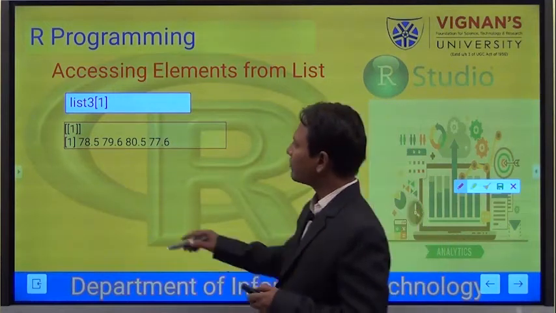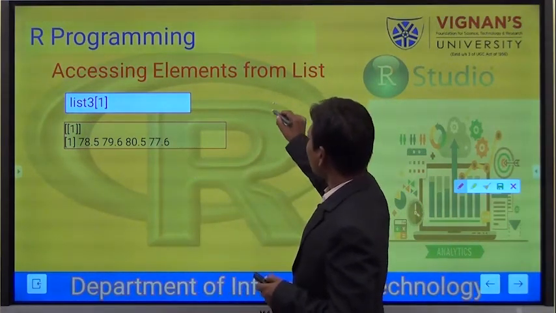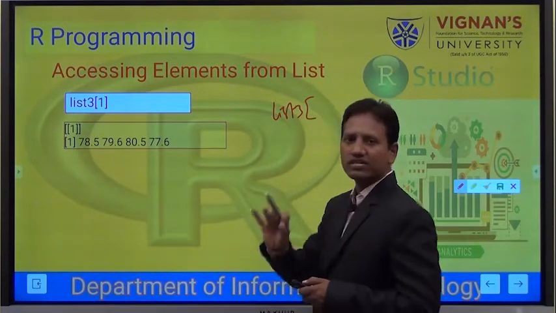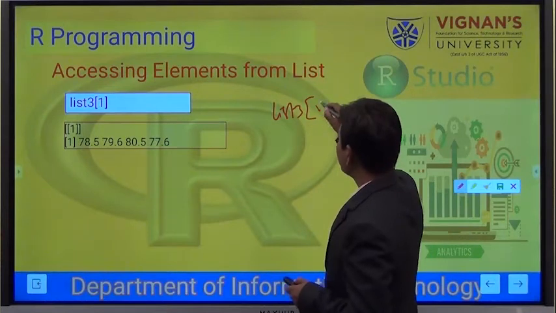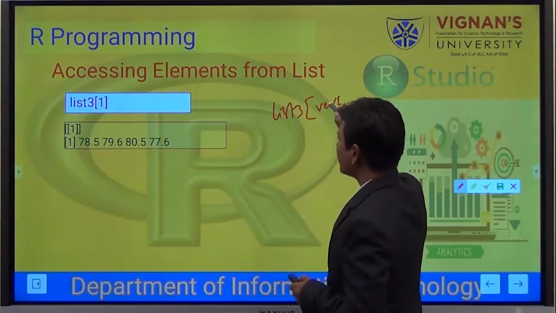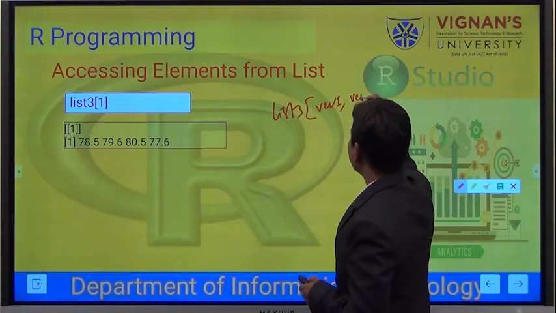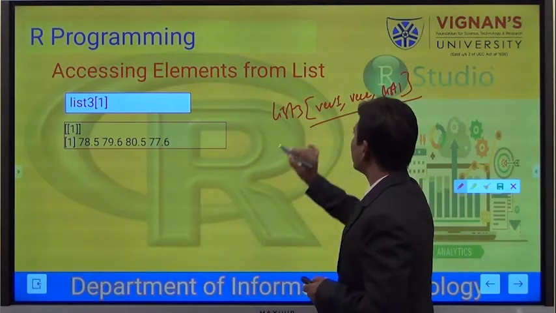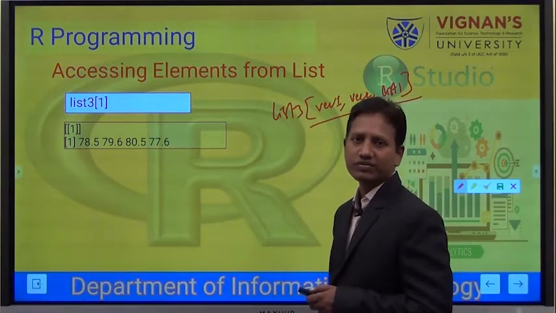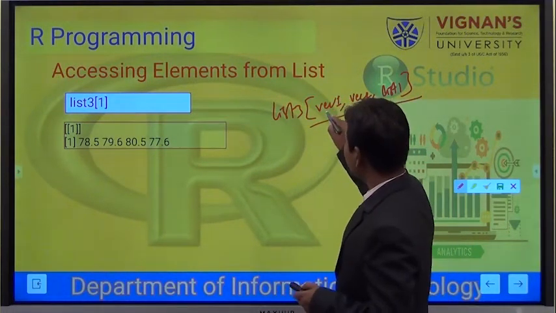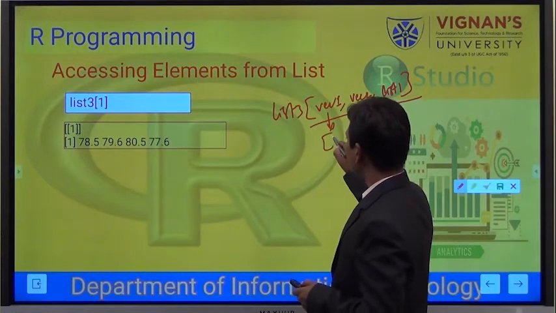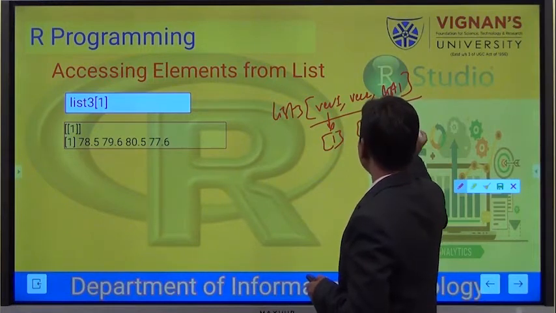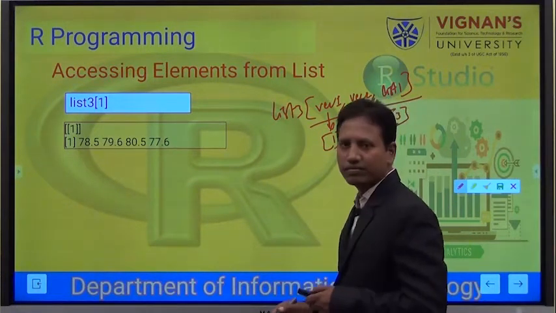So here what we have done, we have our list 3, and this has 3 items. One is vector 1 with numerical values, and vector 2 and a list 1. These were the 3 items present and I am accessing the first one, so that index is going to be 1, this index is going to be 2, and this list index is going to be 3.